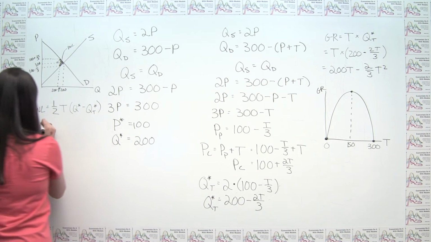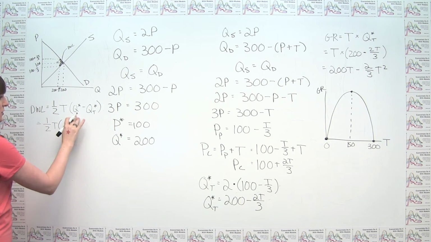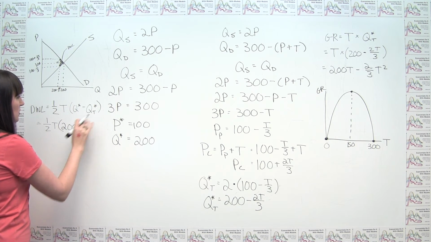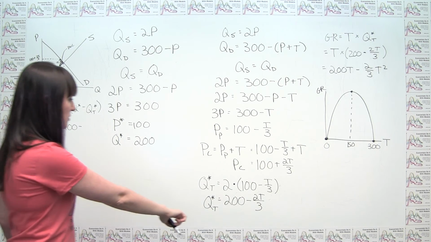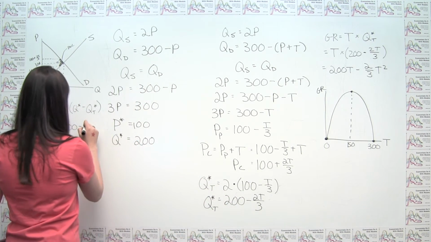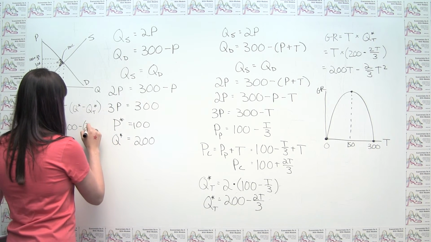So we can say that this just gives us 1/2 T. The original Q star was 200. And Q sub T star was just 200 minus 2T over 3. Okay. Make sure you're good with your parentheses so you don't mess anything up.